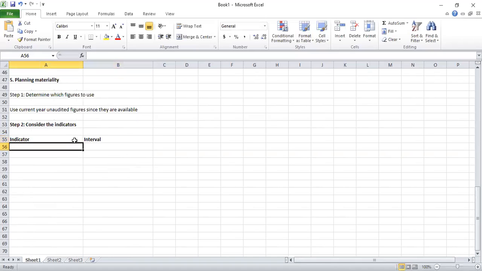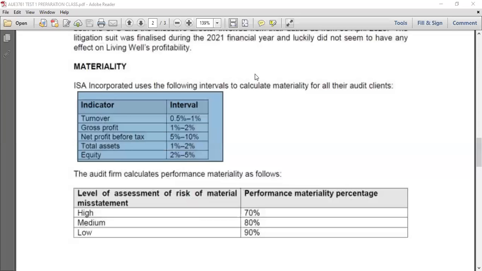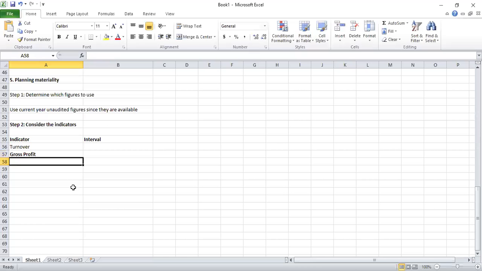The indicators that we have: turnover, gross profit. Do we have gross profit there? I saw turnover, but let me just make sure. Turnover, gross profit, net profit before tax, total assets and equity. Net profit before tax.